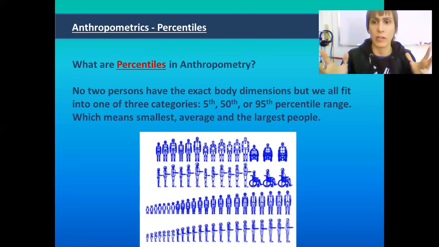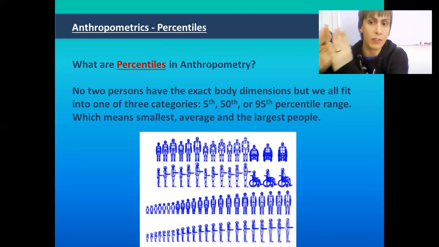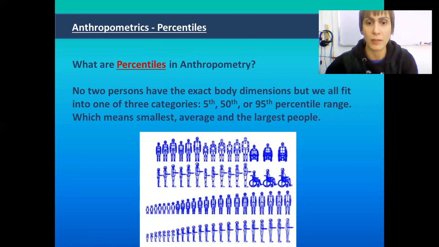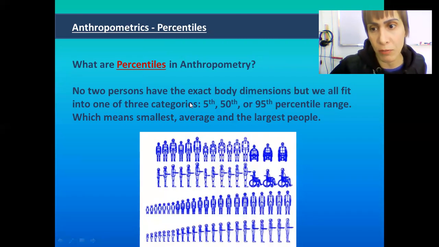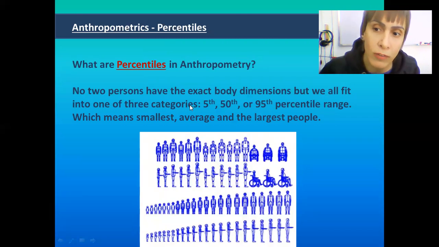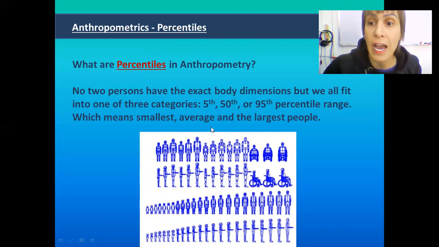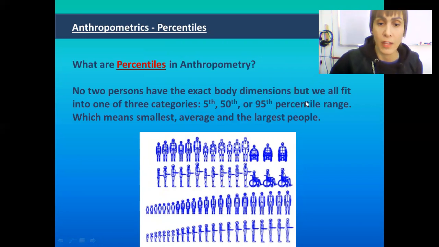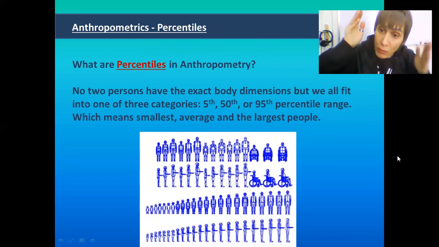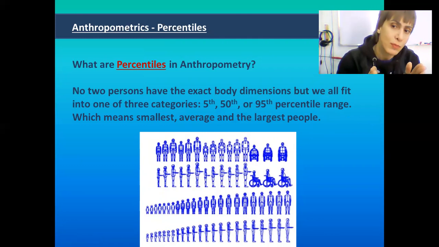If you look at children's measurements, for example, you will again find the 5th, 50th, 95th percentile. So the smallest will be the 5th, with the smallest body measurements. The 50th is the average. The 95th is the largest people, the biggest from this group that you're looking at.